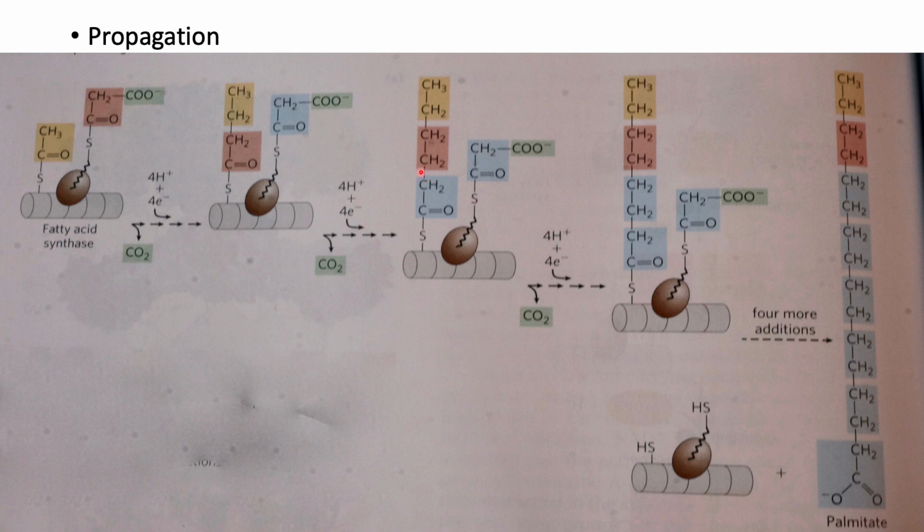And it grows by 2 carbon units with this sulfur anchoring fatty acid synthase right here. The process requires 4 reducing equivalents in sequence, and you're relying on oxidation at this point and cleavage of the moiety there.